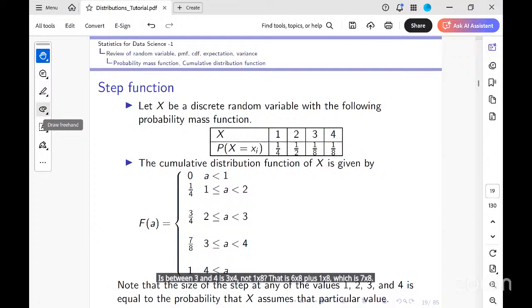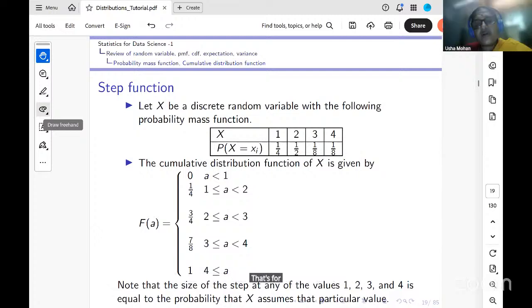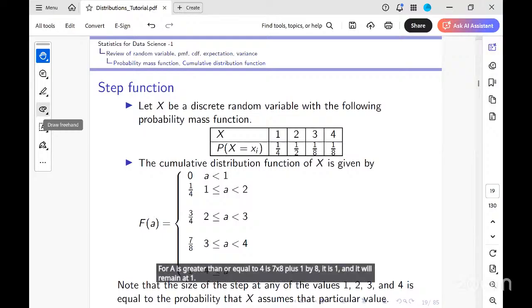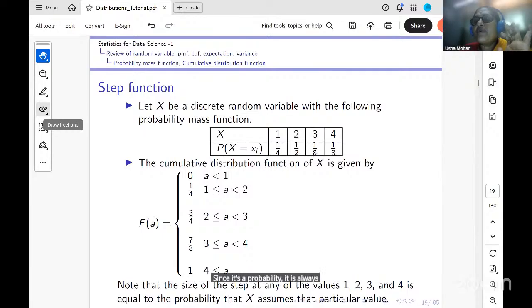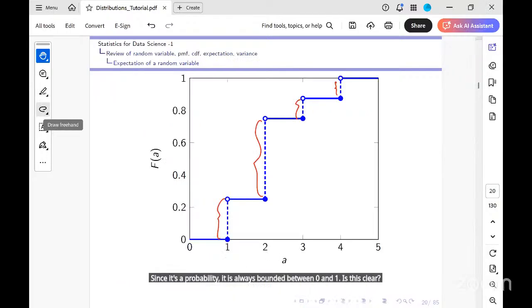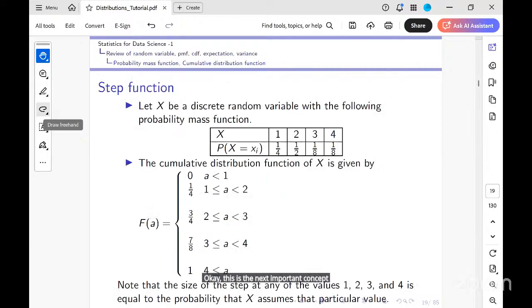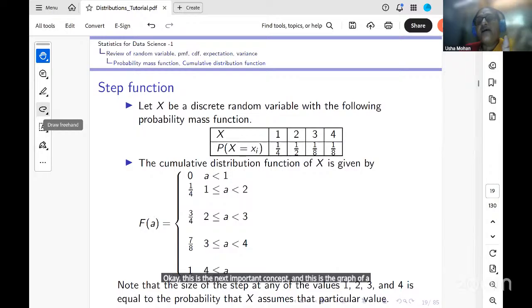So a greater than or equal to 4 is 7 by 8 plus 1 by 8. It is 1 and it will remain at 1. Since it's a probability, it is always bounded between 0 and 1. Is this clear? Okay, this is the next important concept, and this is the graph of a discrete distribution.